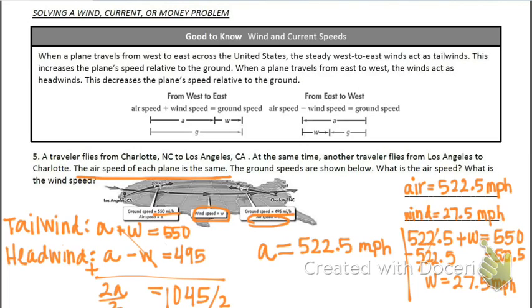It's going to help you. If you are swimming downstream, you are going against the current. So that's going to slow you down, right? So that's the difference between upstream and downstream, but then the process is exactly the same as what we just did. But I'm going to skip over that one right now so we can do the money, and then I'll have you guys do number 6.